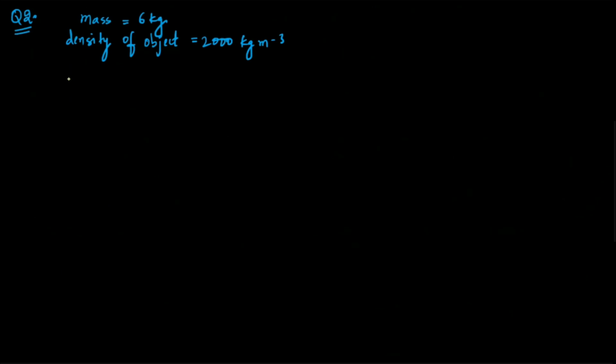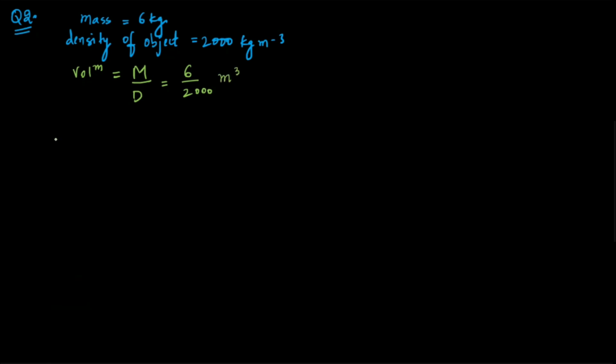Density is mass over volume, right? So if density is mass over volume, I can say 2000 is equal to the mass, which is 6, over the volume of the thing. So the volume will be 6 over 2000, which is equal to the total volume of the object.